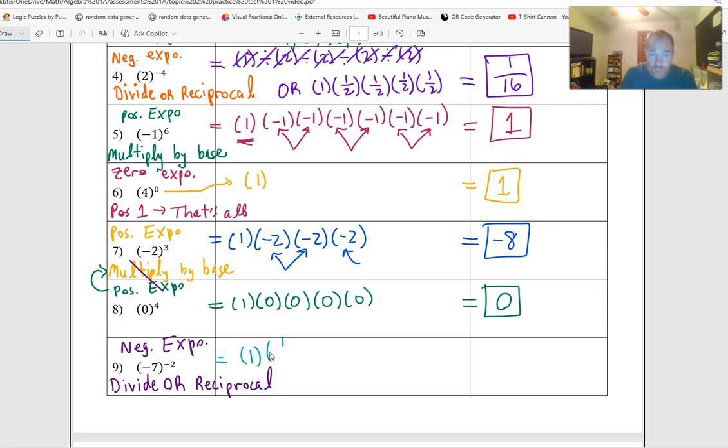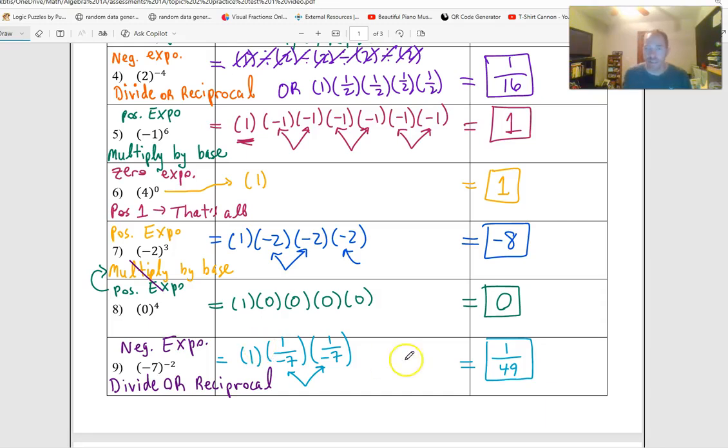So 1 over negative 7, twice. The exponent's negative 2, so I'm going to do the reciprocal 2 times. So 1 times 1 up top is a 1, and negative 7 times negative 7, well, those are buddies. 7 times 7 is 49, and this will be a positive 49. So you get 1 over 49, and that's it.